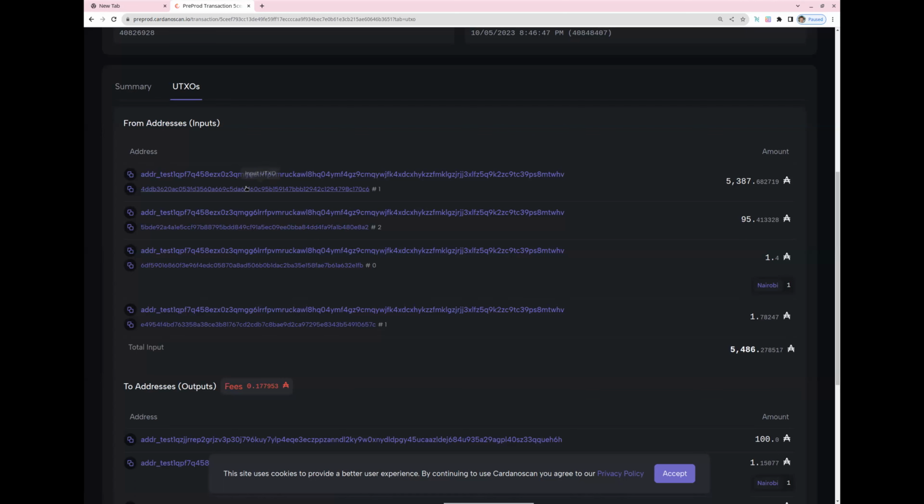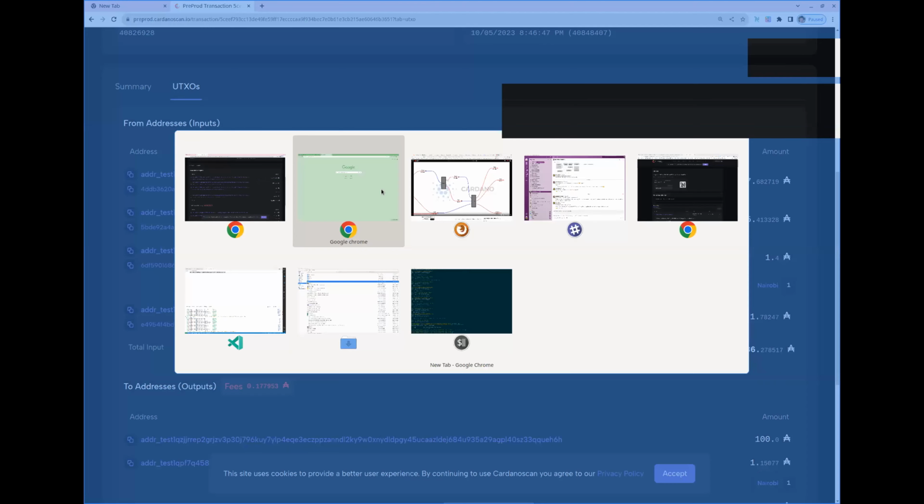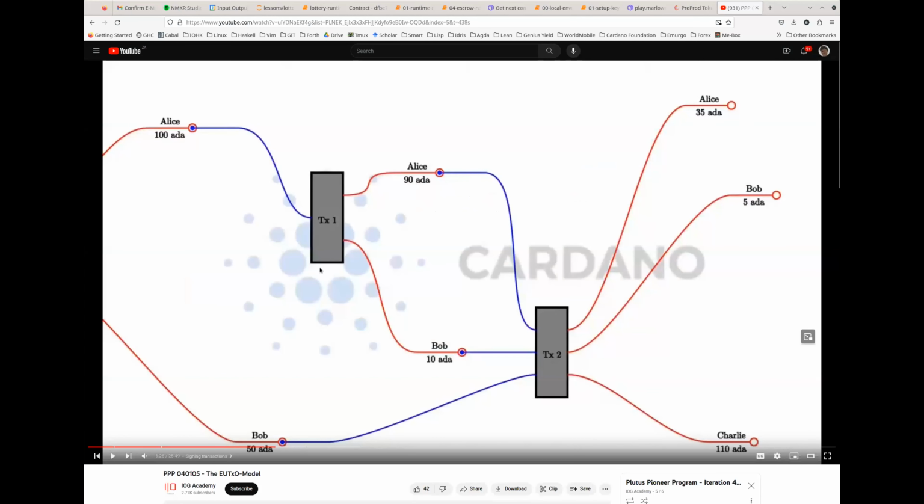That I should also mention: UTXOs are always identified like this. It's a transaction hash, then the hash symbol and an index. So if we go back to here, to identify this UTXO, one would take the transaction hash of this transaction, and then the outputs are ordered.